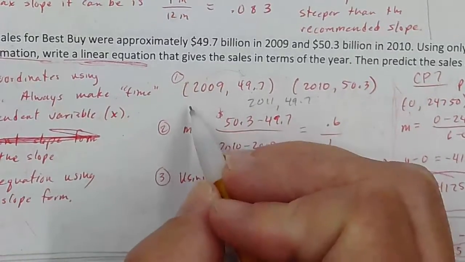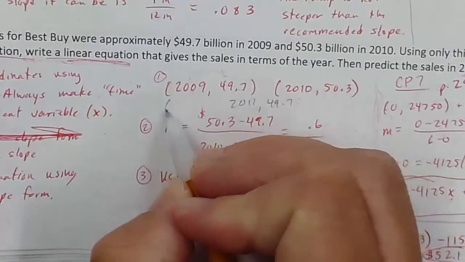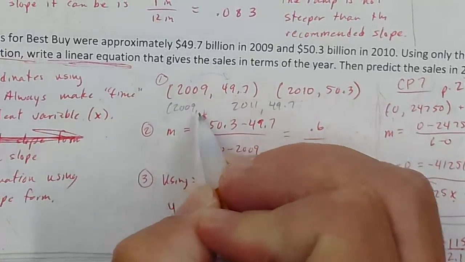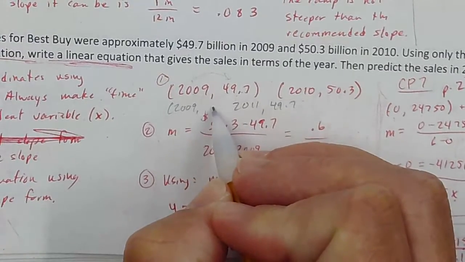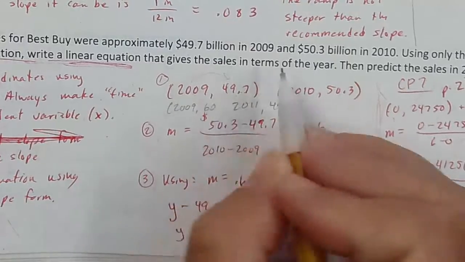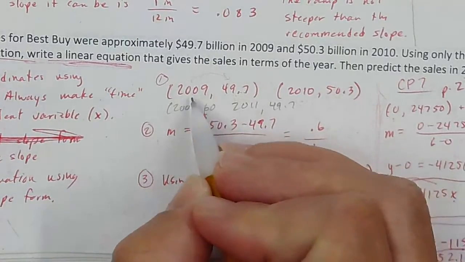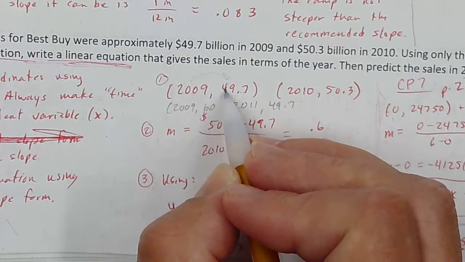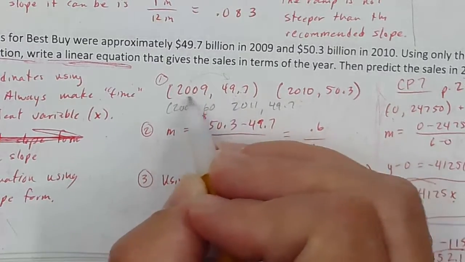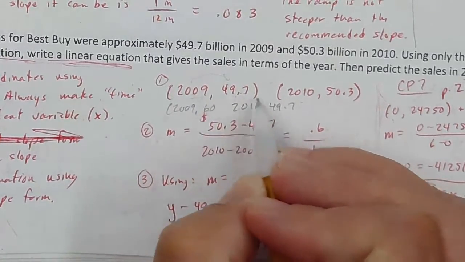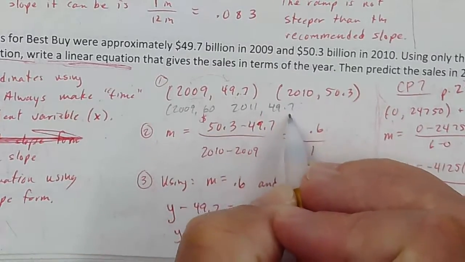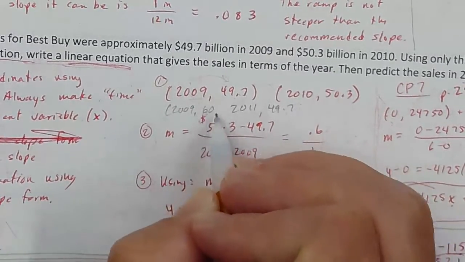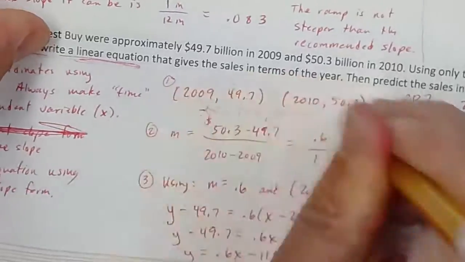But what I can't have is another data point that says 2009 and a different number of sales, like 60 billion. Wait a minute, that doesn't make sense. So each X can only have one Y assigned to it, okay? X values, though, can share the same Y value. That makes sense. Sales go up and down. That's fine. This would not be okay, all right?